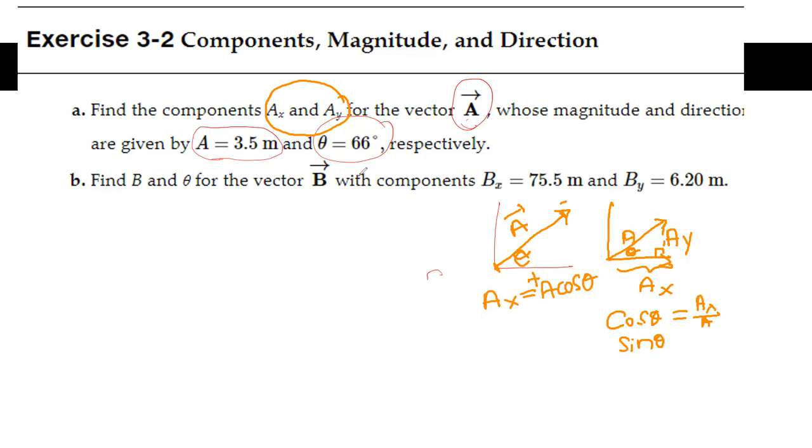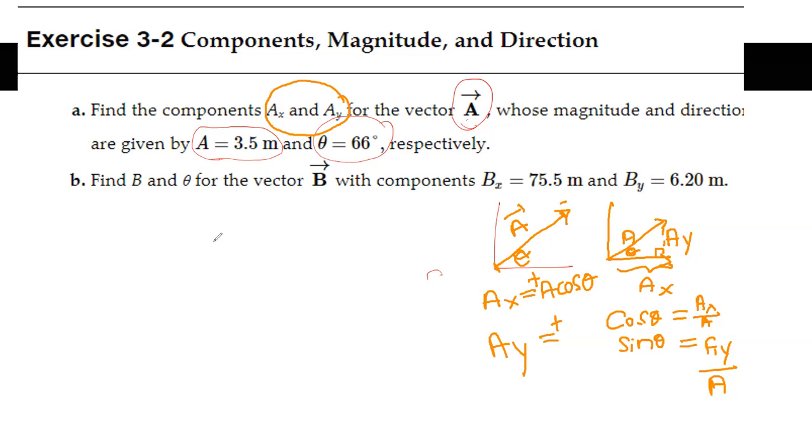A is 3.5, and cosine theta, theta is 66, you can find AX. AY, what is AY? Sine theta is opposite AY divided by A. Therefore, AY would be A sine theta, and again this is positive. You can do that.